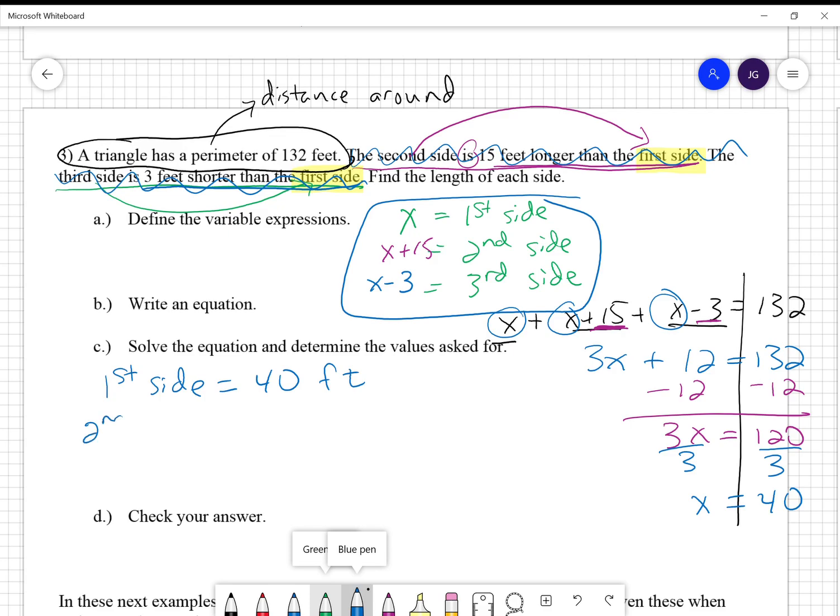My second side is x plus 15, 55 feet. And my third side is my 40 minus 3.